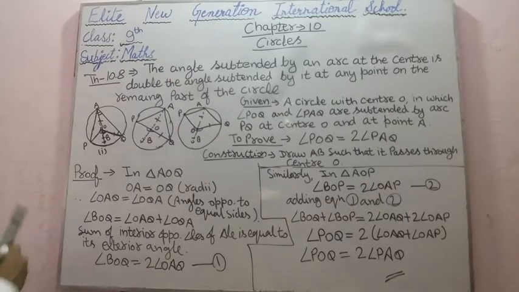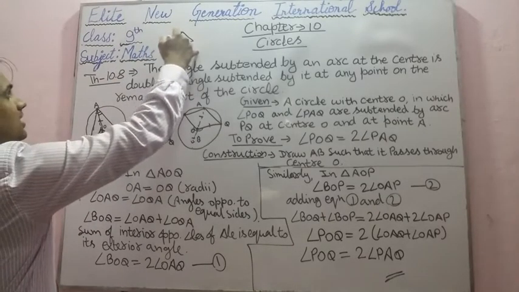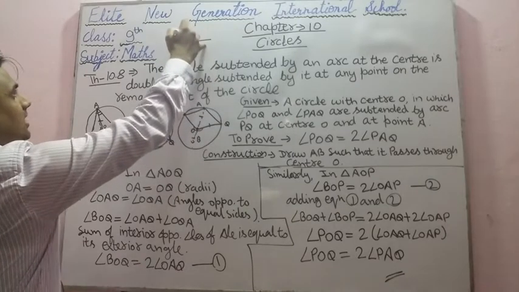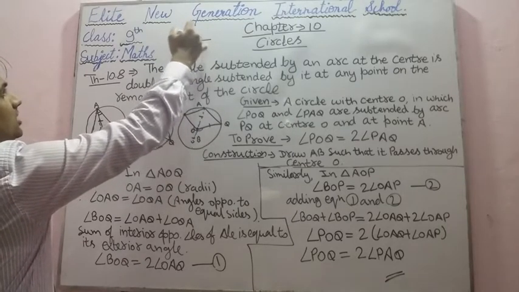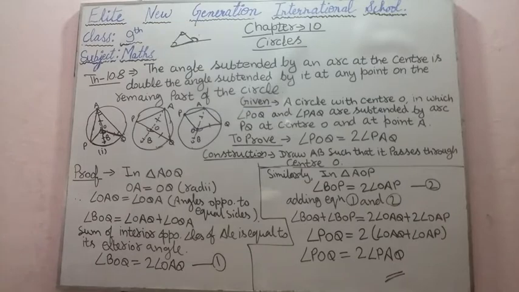In any triangle, the sum of the interior opposite angles will be equal to its exterior angle. That's why angle BOQ equals angle OAQ plus angle OQA.